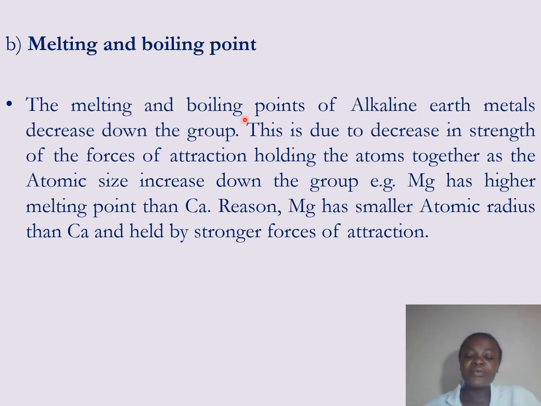Property number 2 is the melting and boiling point. The melting and boiling points of alkaline earth metals decrease down the group. Reason: this is due to a decrease in the strength of the forces of attraction holding the atoms together as the atomic size increases down the group.